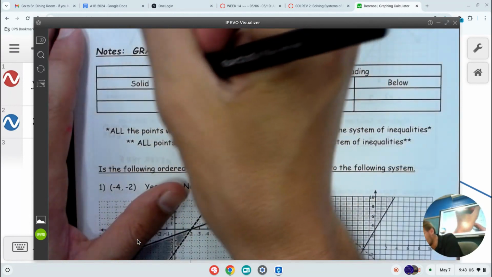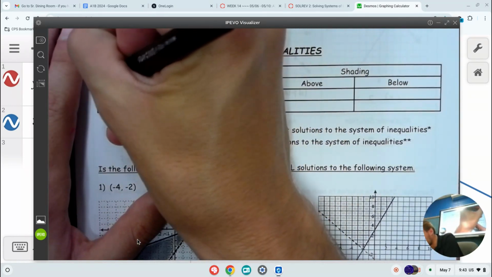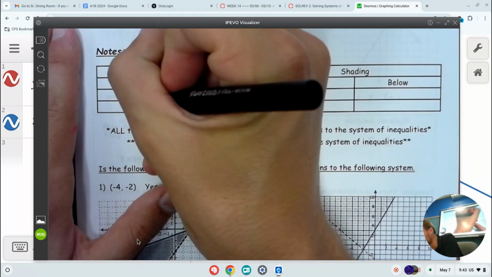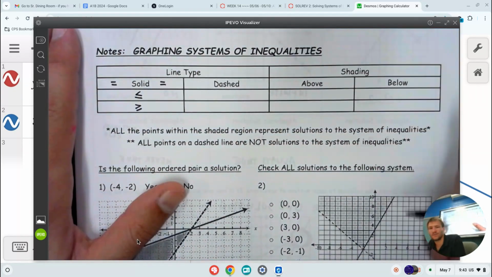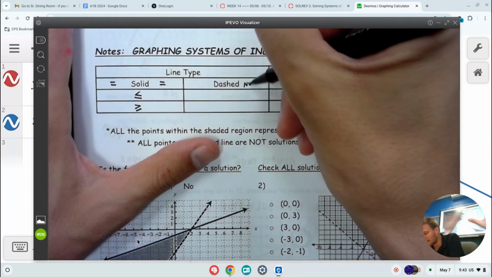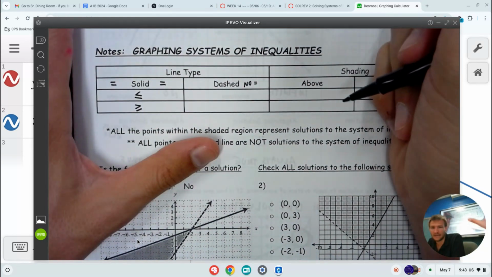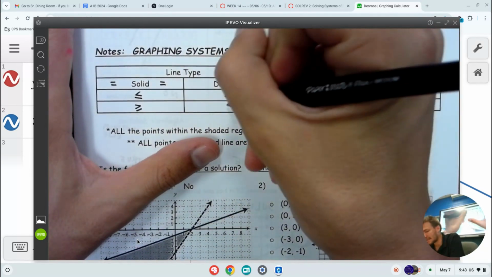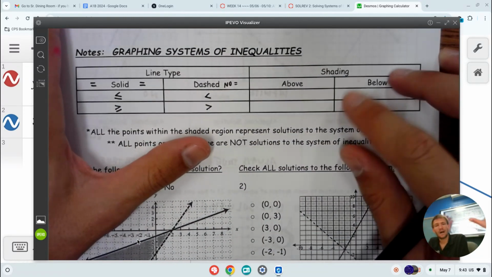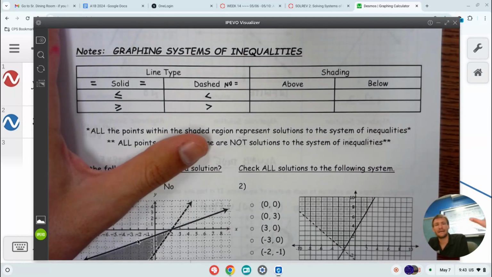Now, solid lines come from equal signs. So we're going to have our less than or equal to, greater than or equal to. Dashed lines come from no equal sign. So we're just going to have a plain less than or a plain greater than. Shading, above or below, it kind of makes sense, right?